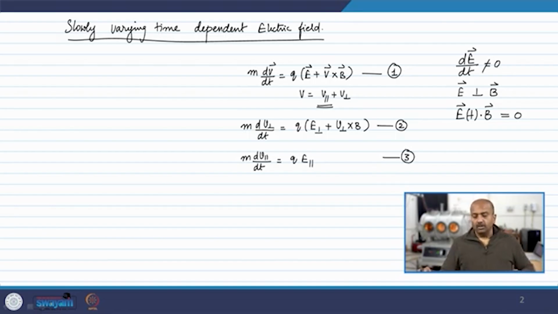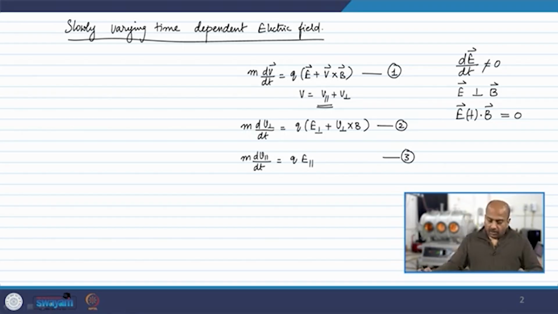What happened to the cross product of velocity with the magnetic field? Because these two are parallel to each other, sin theta is 0, that is why we do not have the other term appearing, right. So, what is it that we have done? We have written one Lorentz force equation and we have decomposed it into two equations, one representing velocity's change along the perpendicular, another along the parallel direction, right.